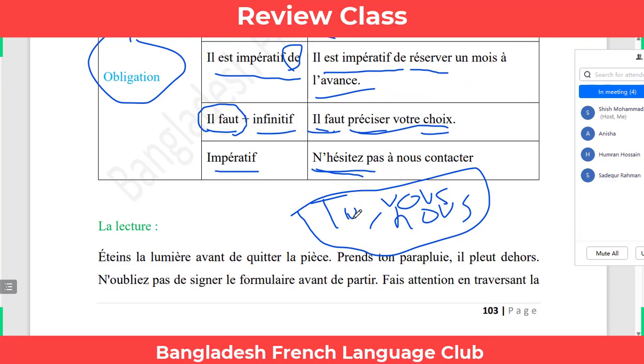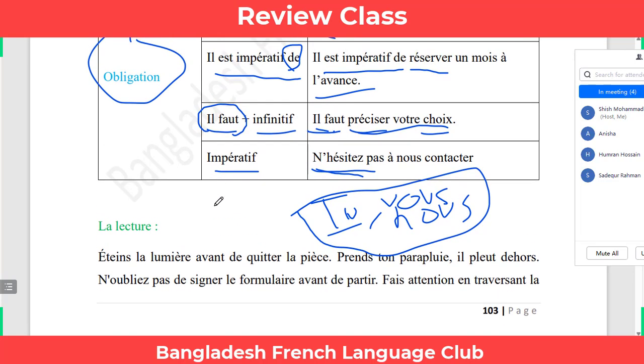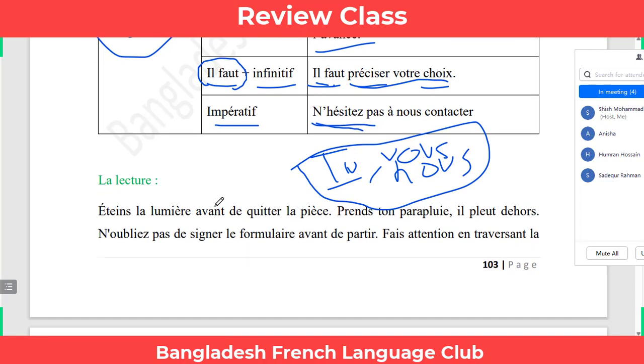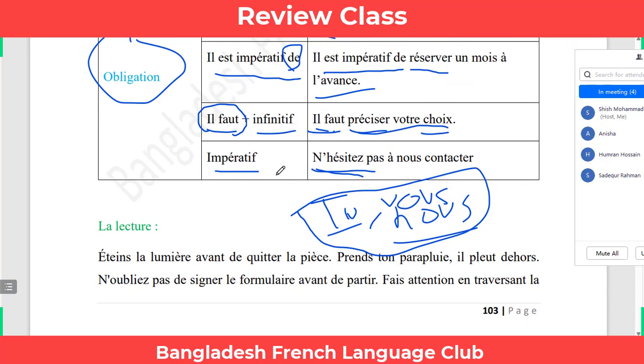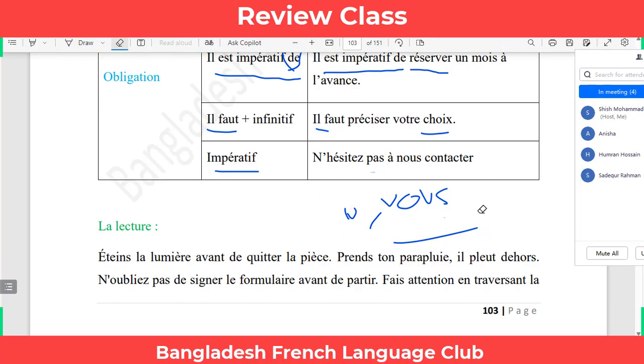With tu, you do it this way, like parle, or regarde, regarde-toi, or we can also say regardez-vous. And we can say regardons-nous, let's see. The conjugation will be used with nous. So this is how the imperative sentence is used in French.